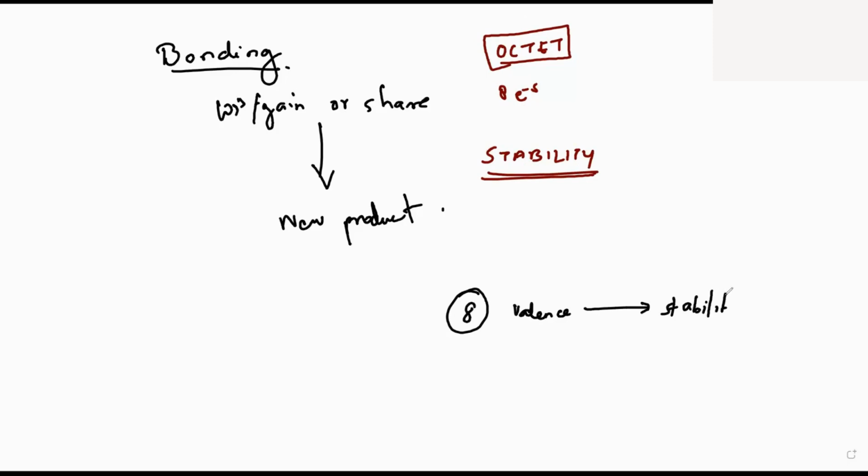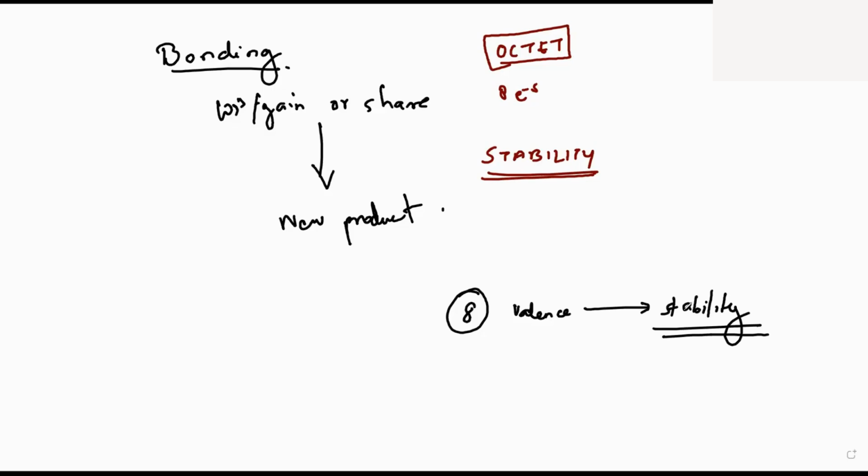And how do we know that? What is the proof we have? How do we know having 8 in the valence shell leads to stability? Isn't that what most elements strive to do, in a way? But who told them?